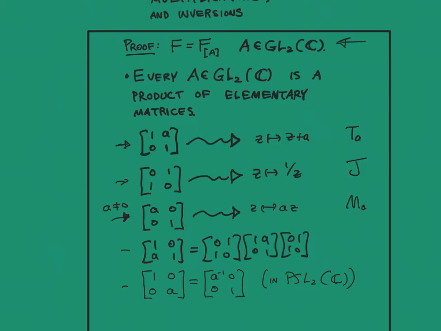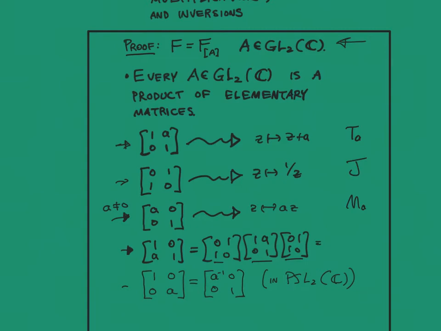And there are a couple other row operations I left out, namely multiplying the first row by A and adding that to the second row is this operation here, but this one can be written in terms of the ones we've already presented. So you can swap two rows, do the first row operation, and then swap the rows again.